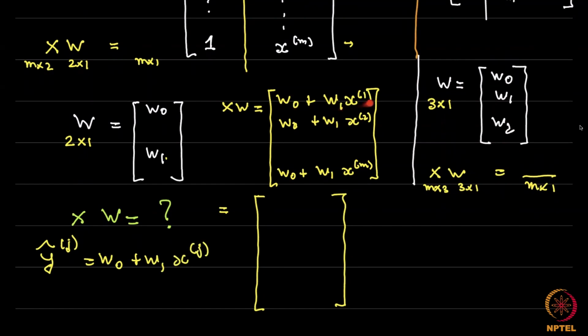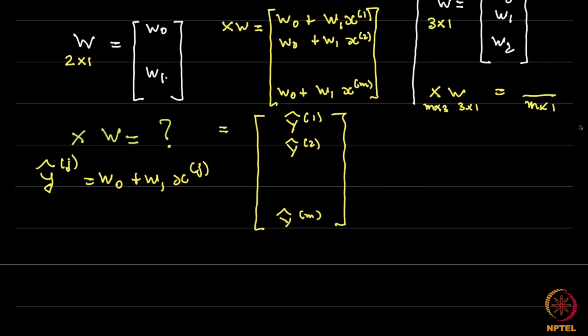So this is nothing but the prediction that you will get if you put X1 into the model. So you are just going to get your model prediction Y hat. So this is Y hat 1, the next one is Y hat 2, and the last one is Y hat M. So at least in the linear case, we can immediately see that XW equals Y hat.